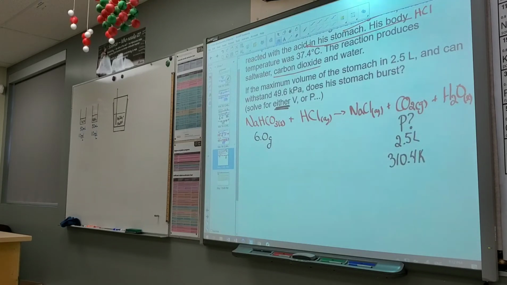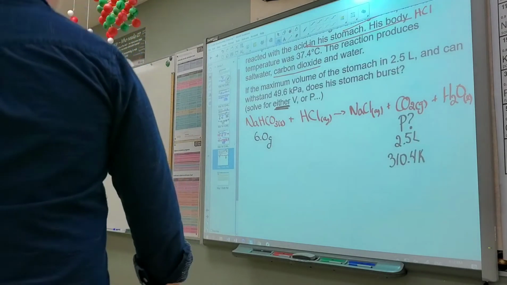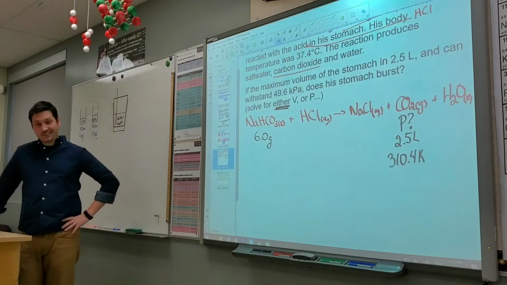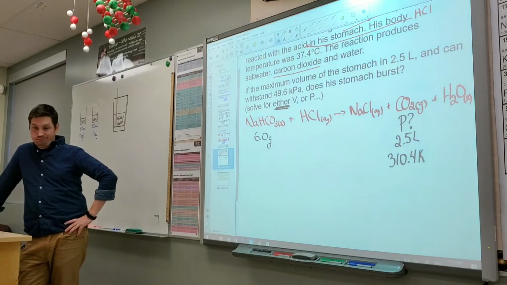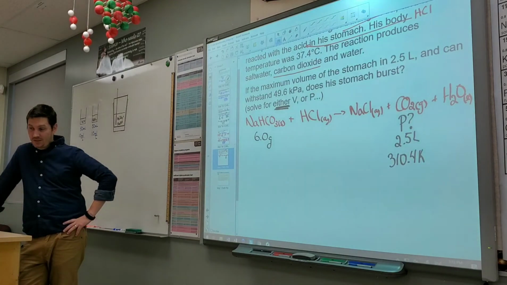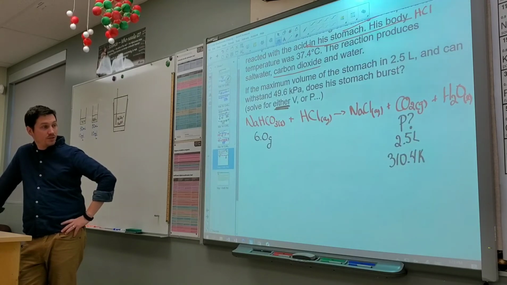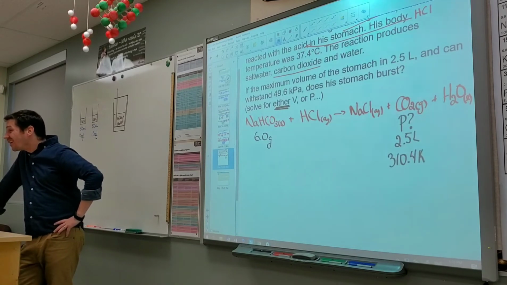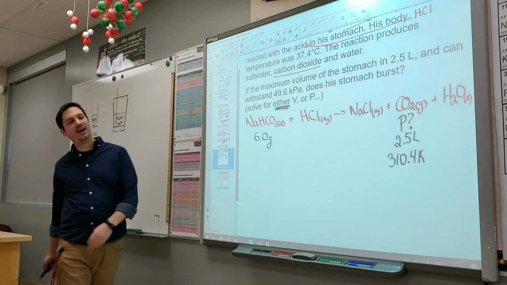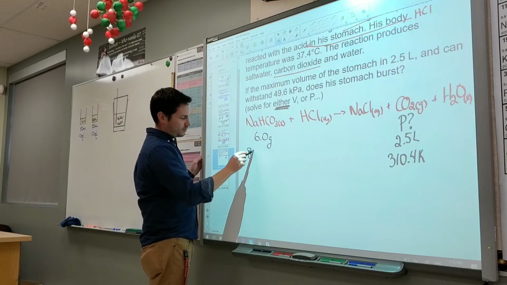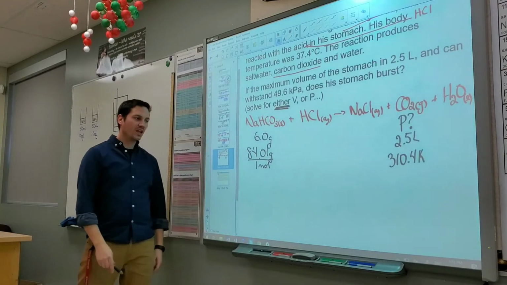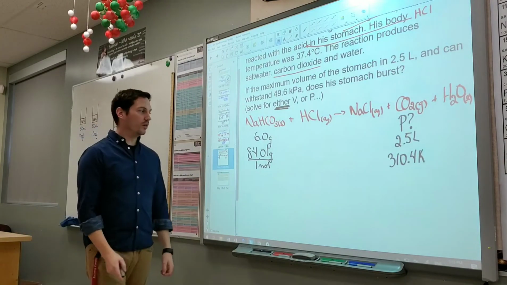To get Kelvin, it's 273 plus Celsius. 84.01 grams in 1 mole of baking soda.